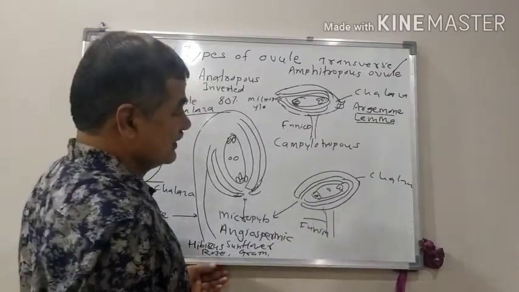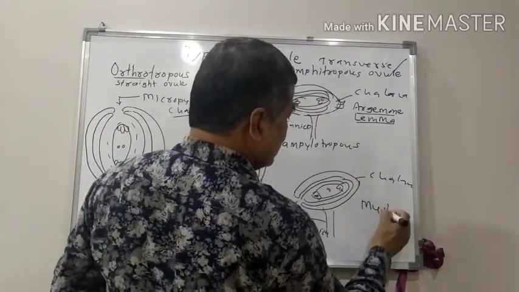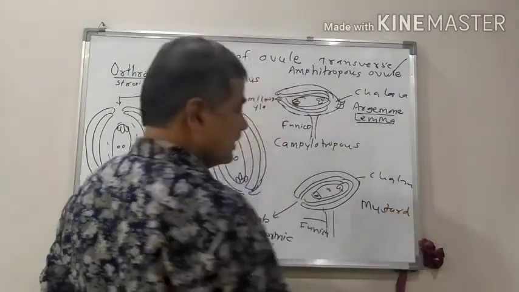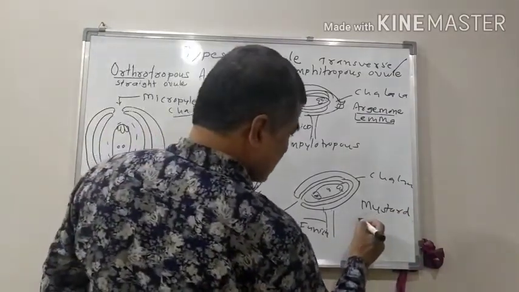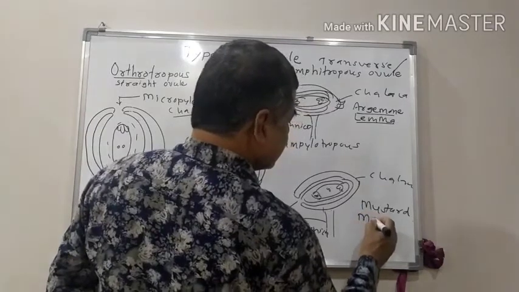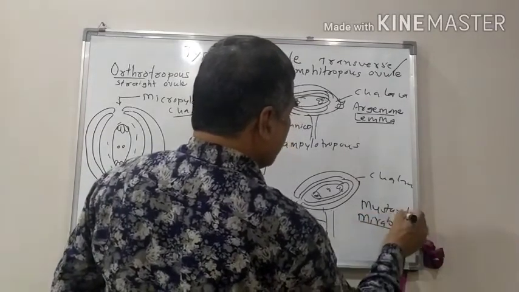It is present in mustard, Brassica, Gentianaceae, Mirabilis jalapa, gulmohar.